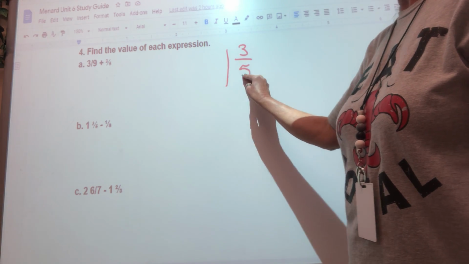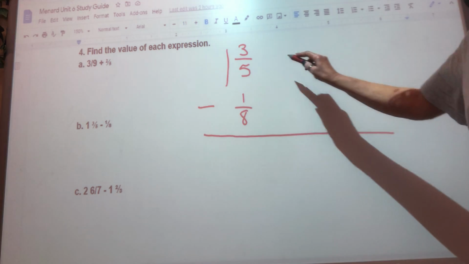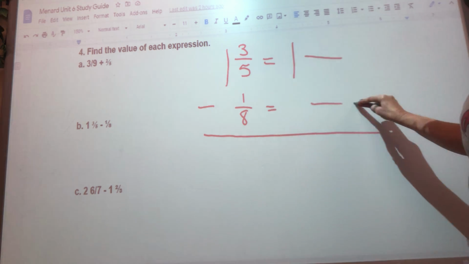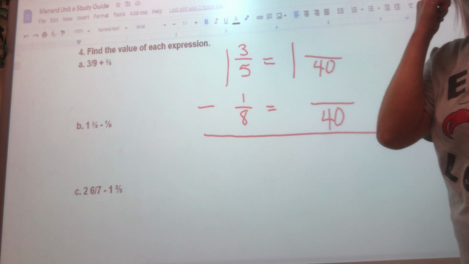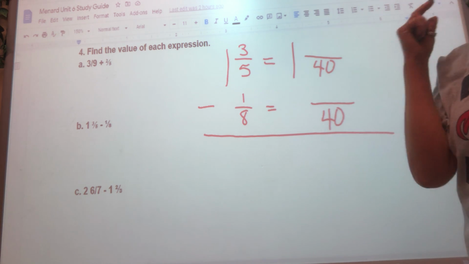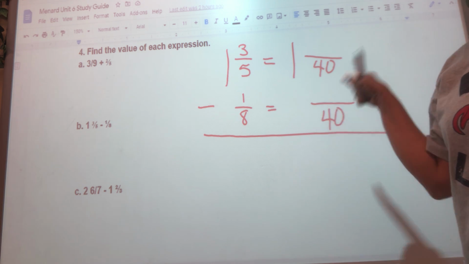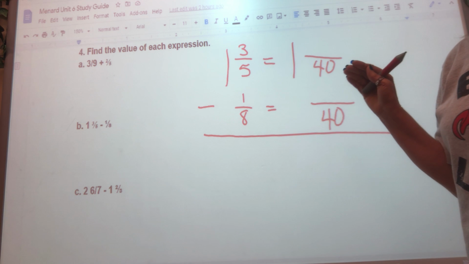1 3/5 minus 1/8. Common denominator? 40. Now, on tomorrow's test, unlike your previous test, where some people used the wrong sign, I still counted it right if you got the right answer. I'm not doing that on this test.